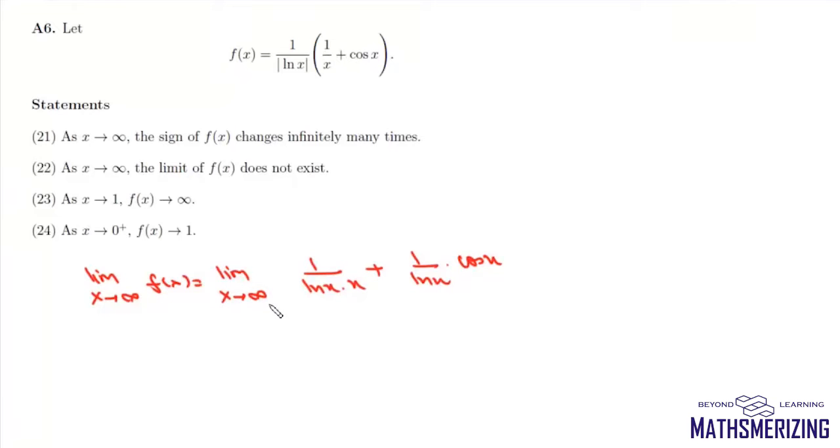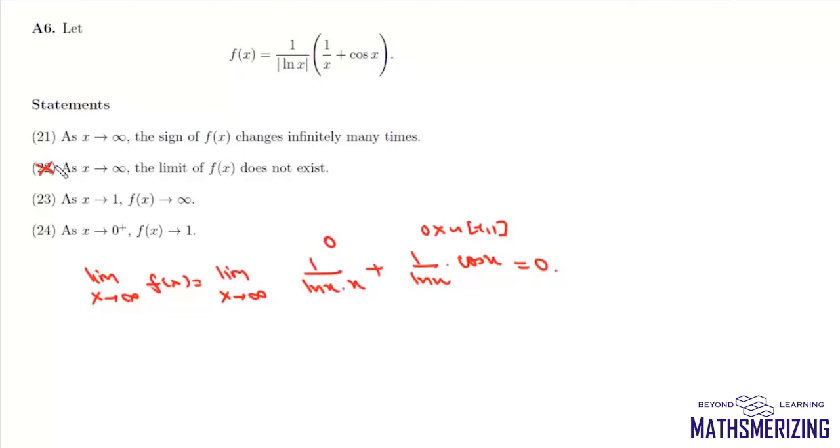Now when x tends to infinite, log x tends to infinite, so it will be 1 upon infinite, which is 0, and here also it will be 1 upon infinite, which is 0, into cos infinite, which is an oscillating value between minus 1 and 1. So the value of this limit is 0. That means the statement 22, limit of f(x) does not exist when x tends to infinite, is incorrect.